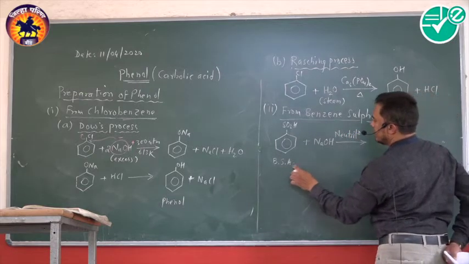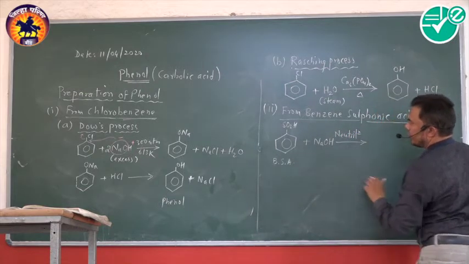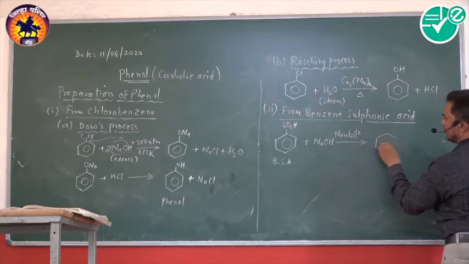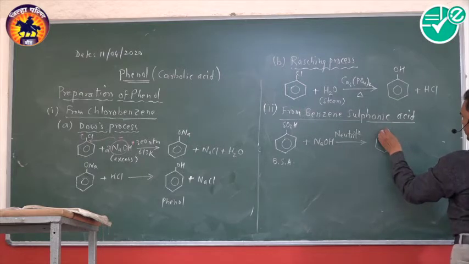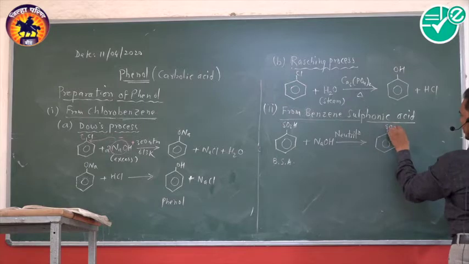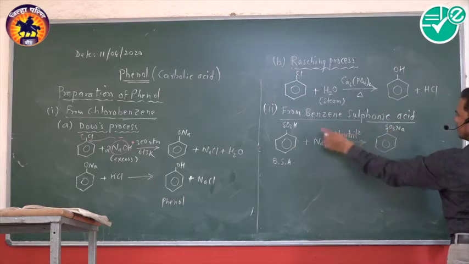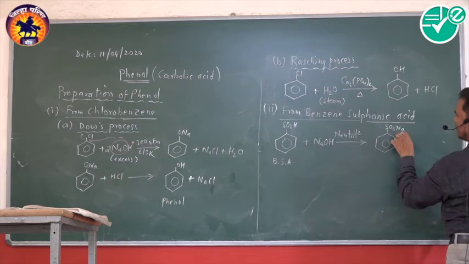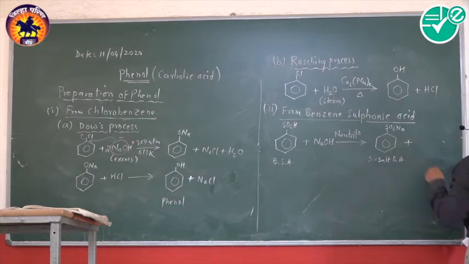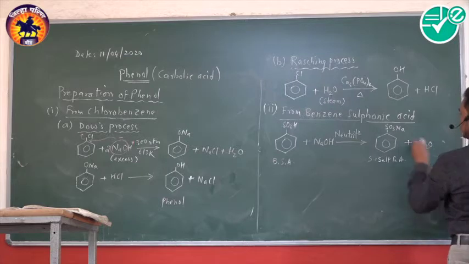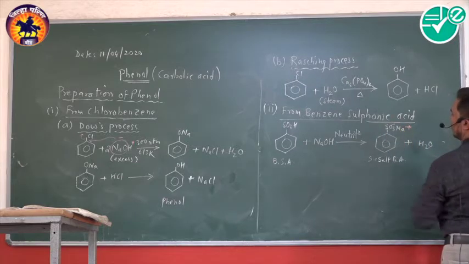That is, the acid reacts with base, so it's going to form the salt. The salt is called the sodium salt of benzene sulfonic acid, SO3Na. Here the group SO3H changed to SO3Na, plus formation of H2O. In this case we will get the charge on it, sodium plus and SO3 minus.